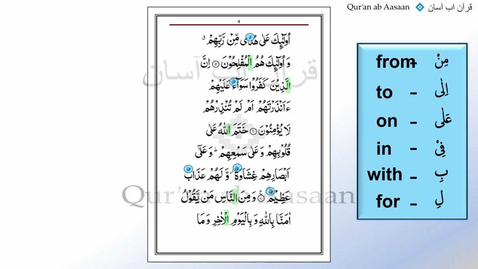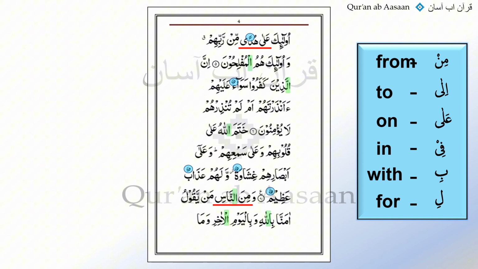Let's see, what do we have here? Ala hudan. Good, that's the very first line. Any other one? Minan nasi. Good. And what's the next one? Billahi. Excellent. And do I move on to the next page?